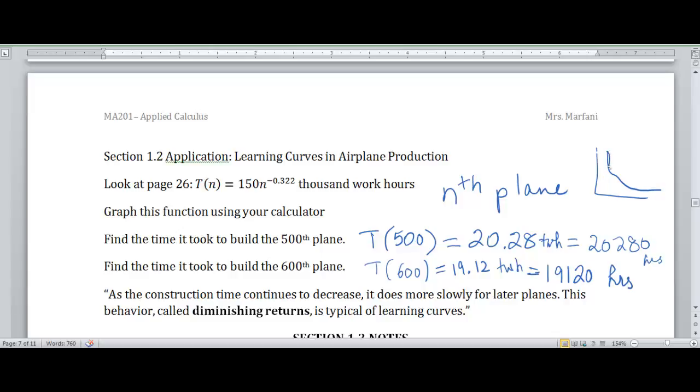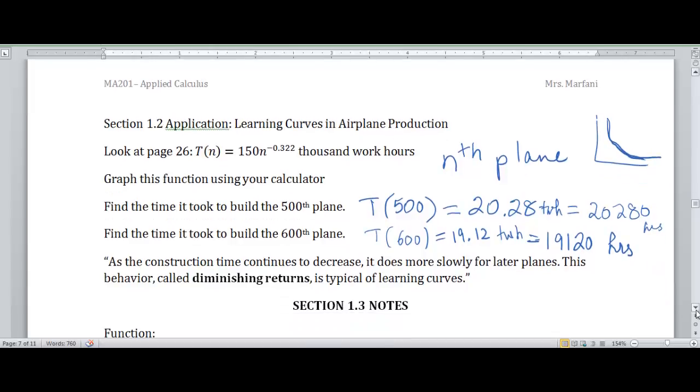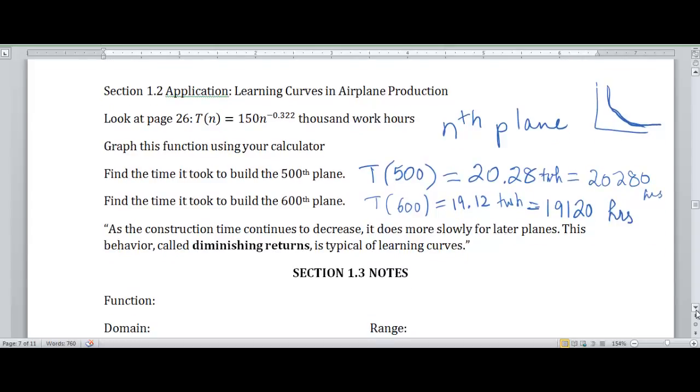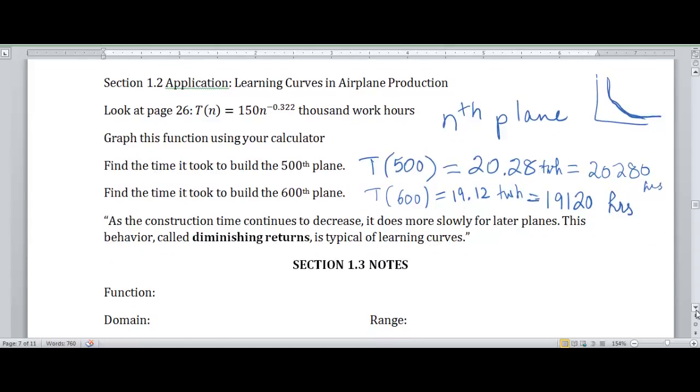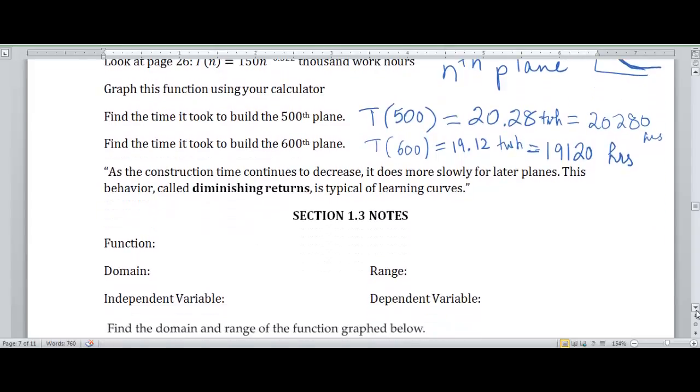You start losing weight kind of fast, and then as you lose more weight, the amount of weight that you lose slows down. So it's harder to lose that like 20th pound or 25th pound than it is to lose that first pound.